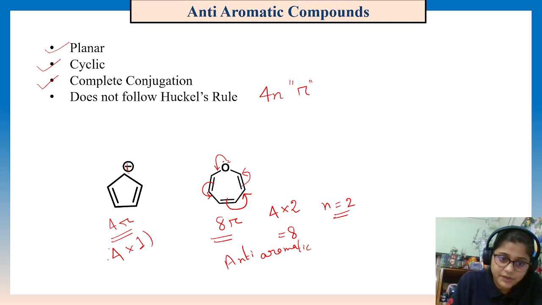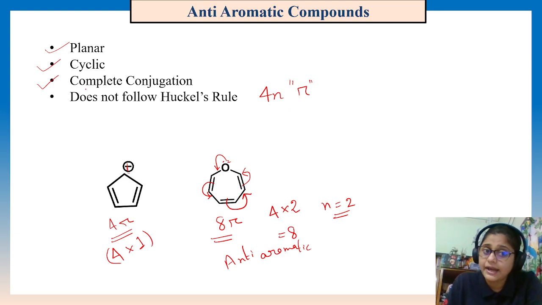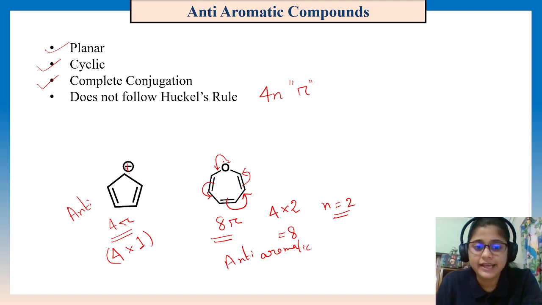So it follows 4n pi electrons and it is fully conjugated, planar, cyclic. So it is now becoming anti-aromatic. I hope you understood, and we will again solve some questions and practice some structures, so then you should not have any doubt after that.